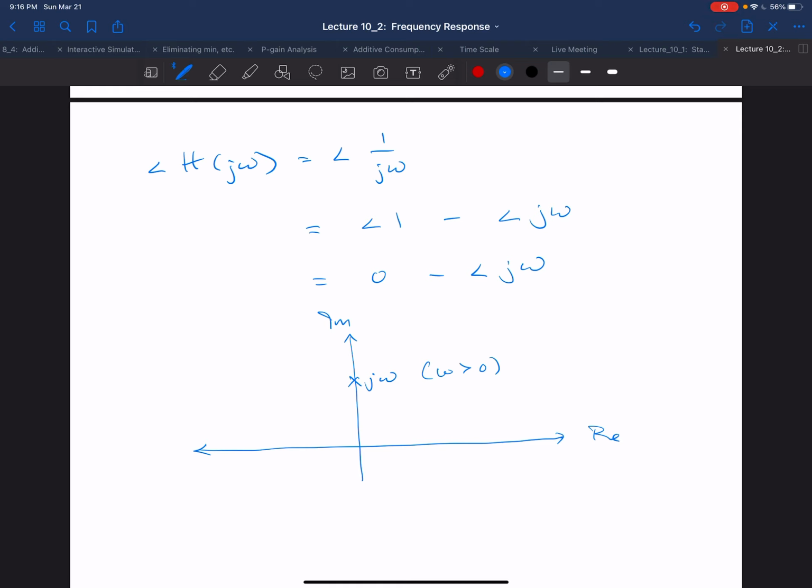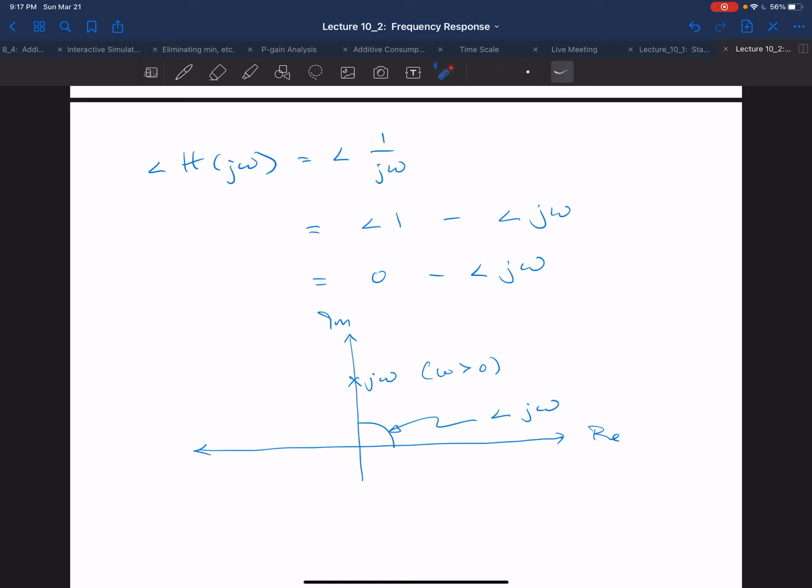So its modulus obviously is omega. We took account of that when we were looking at the modulus of H of j omega. And its angle is right here. We see that its angle is always 90 degrees. So the angle of j omega is always 90 degrees for positive omega.